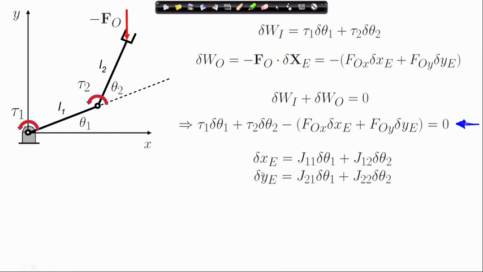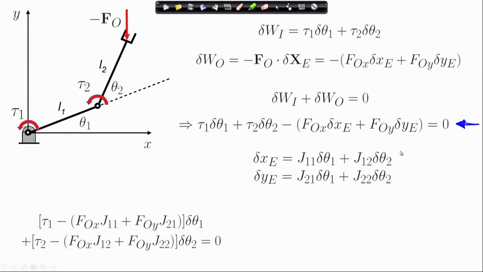Since we have already found the expressions for delta x_e and delta y_e, we will just plug in these expressions in here and collect terms of delta theta 1 and delta theta 2.